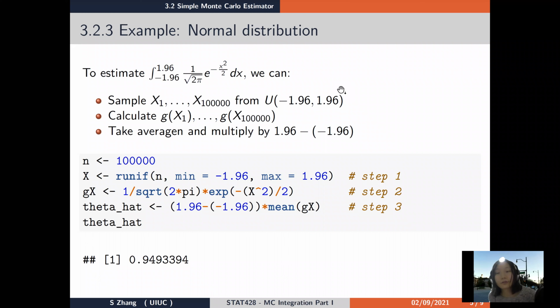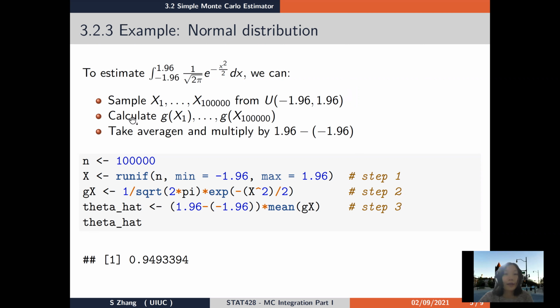All right, so to estimate the integral from negative 1.96 to positive 1.96 of this dx, we can first sample x1 all the way up to xn. Here we choose n equals 100,000 from the uniform distribution between negative 1.96 and 1.96, so the lower and the upper bound.